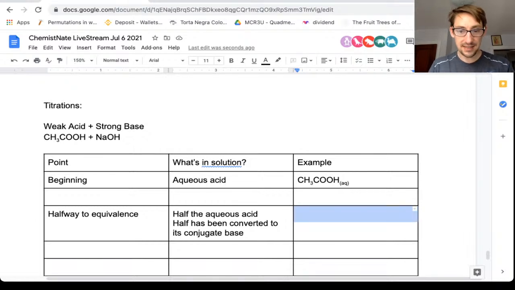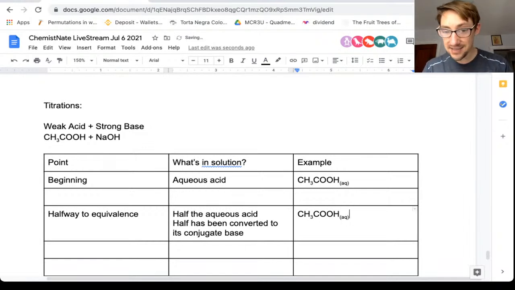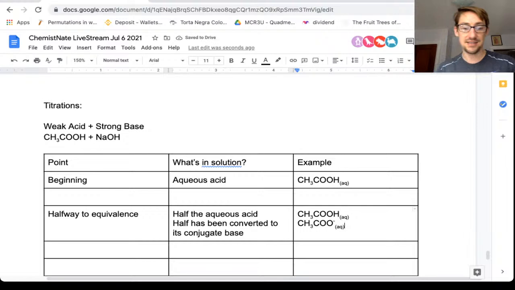If I was to list that here for you, we'd still have some CH3COOH in solution, but now we have an appreciable amount of that same thing deprotonated, aka its conjugate base.